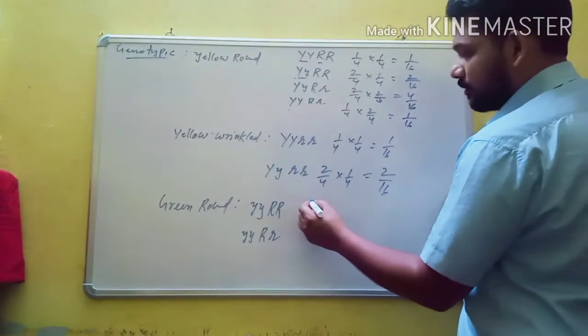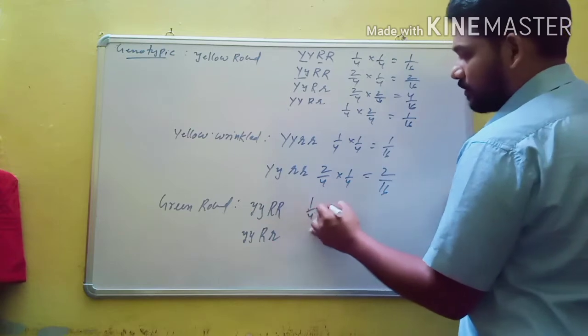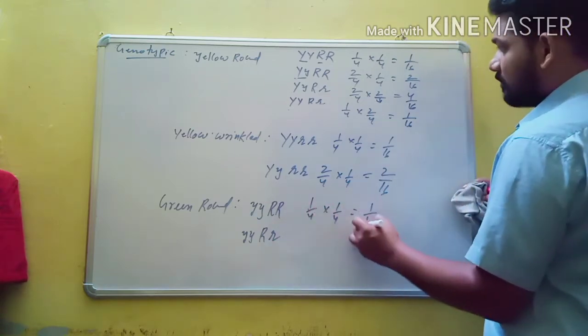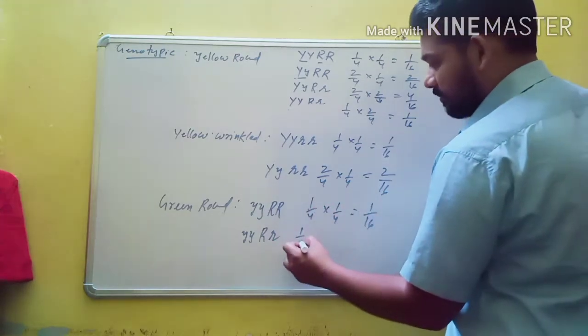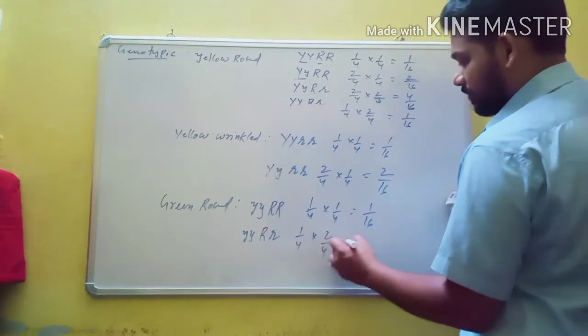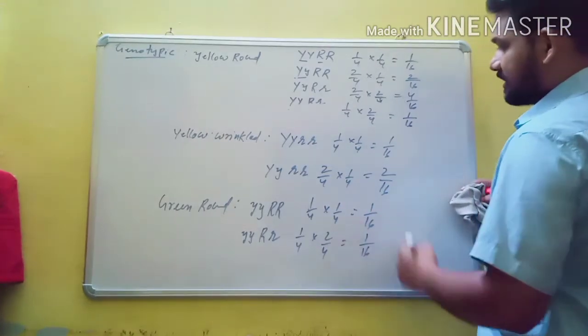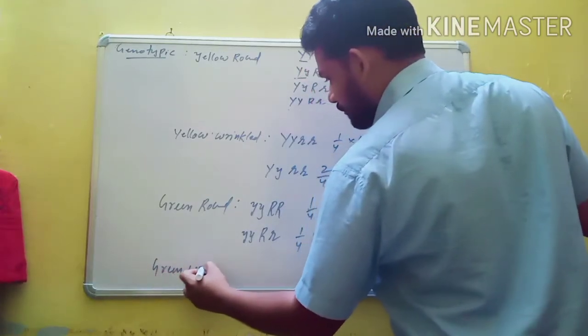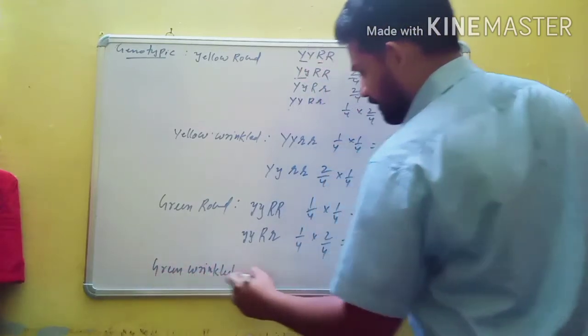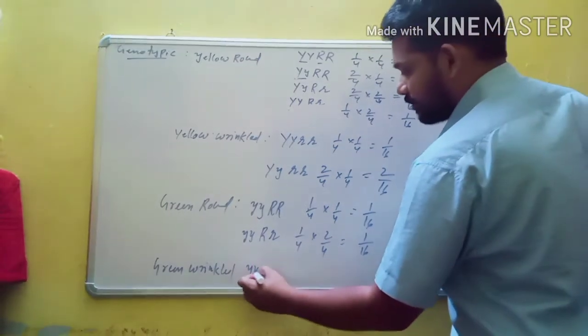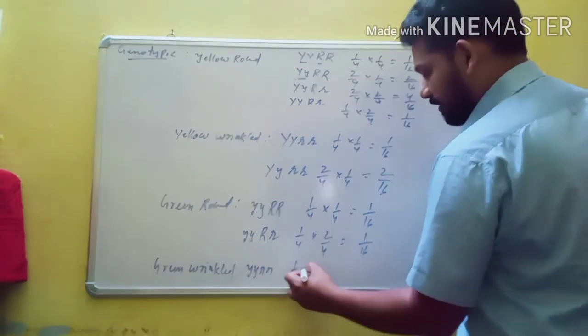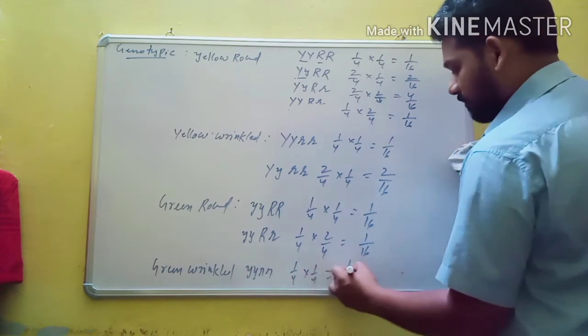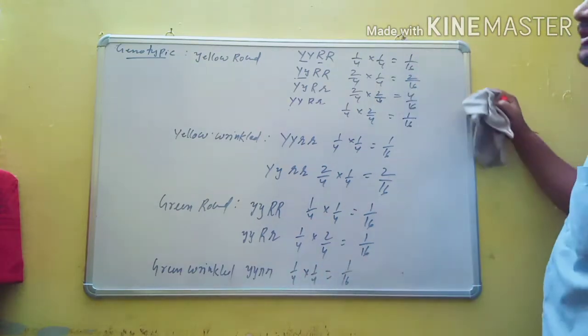When we put the value 1/4, 1/4, it is 1/16. 1/4, 2/4 is 2/16. Next green wrinkle. For green and wrinkle, the genotype is only this one. So 1/4, 1/4, so 1/16. So this is the genotypic ratio.